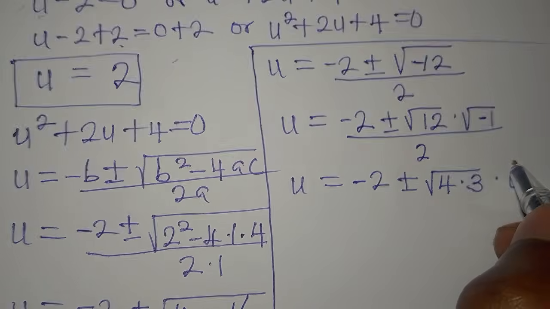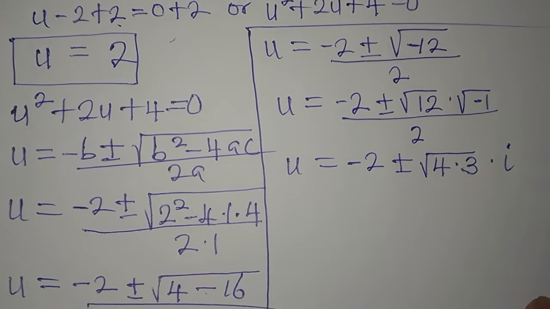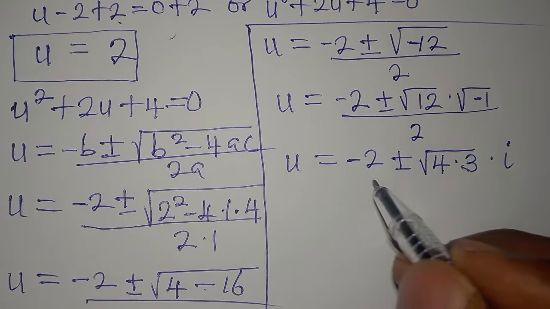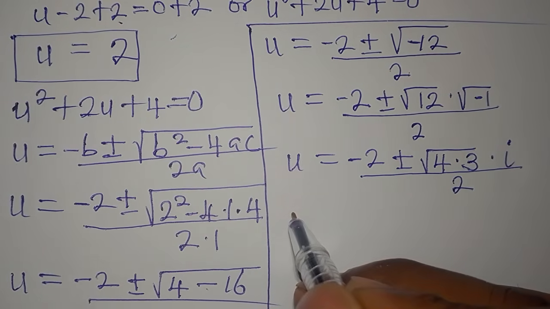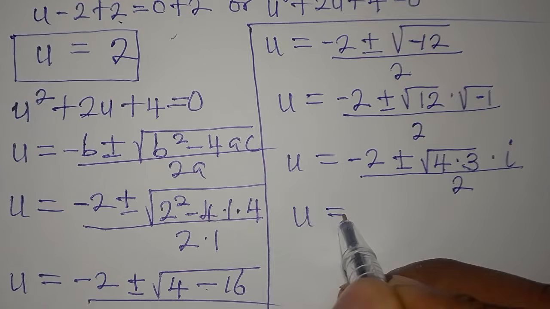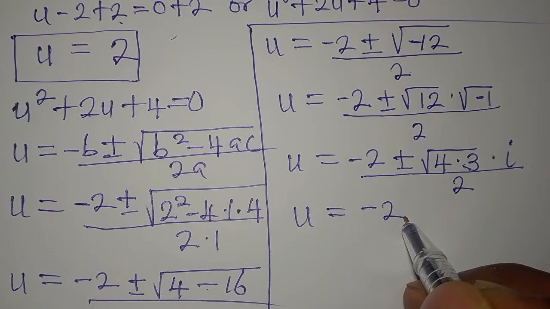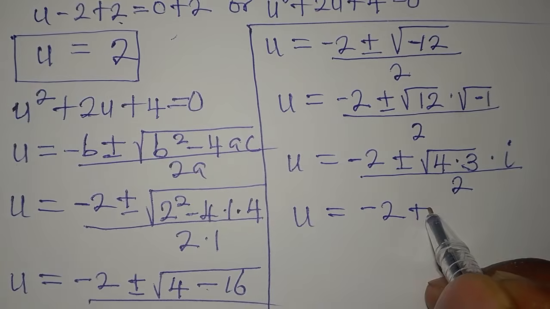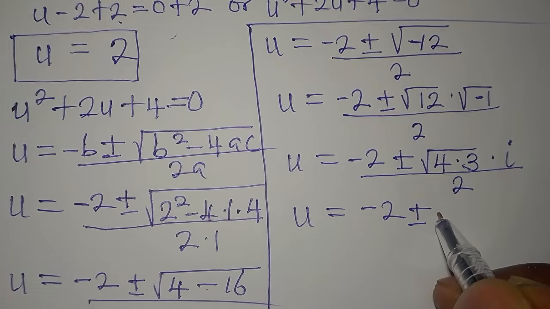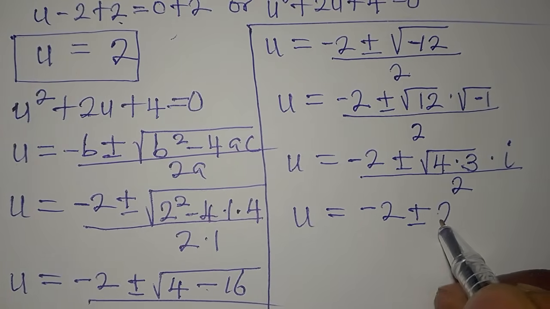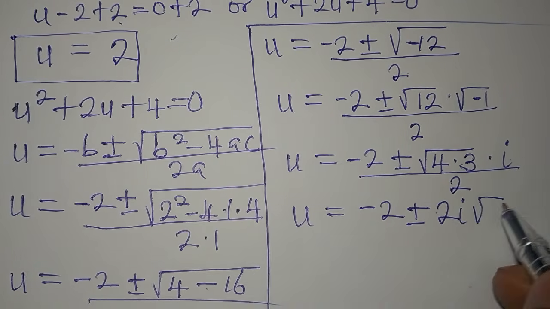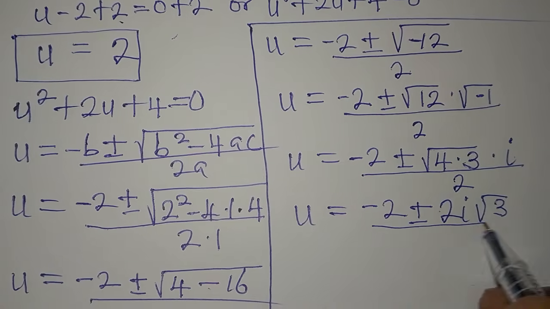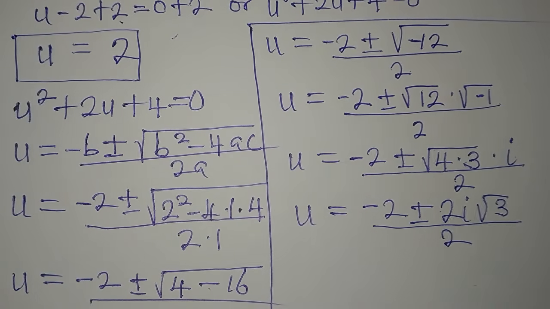Then multiply by the square root of negative 1, which is i. Remember, 2 is going under here, so that our u will be minus 2 plus or minus the square root of 4 is 2, 2 times i, that will be 2i. Then this root 3 will still come, and this is still over 2.